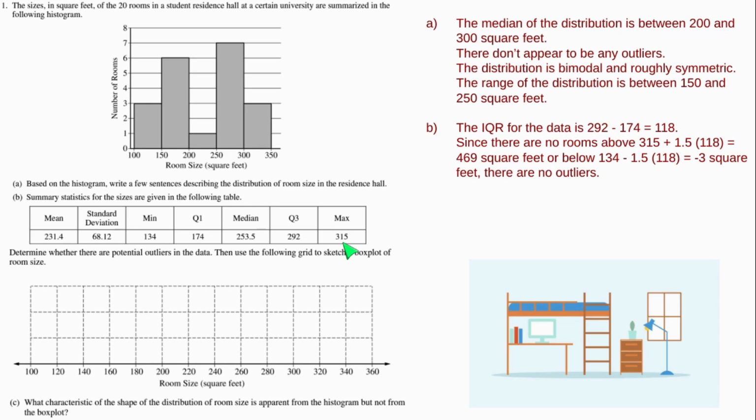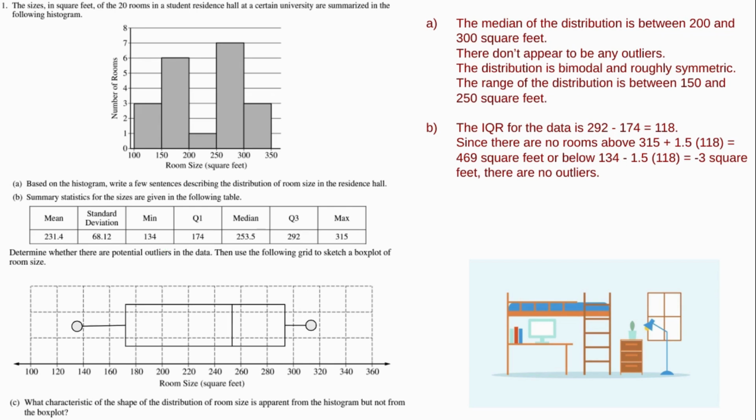There's no rooms above that in terms of square feet. There are also no rooms below 134, that's my lowest value, minus 1.5 IQRs, okay? Obviously, because we would have negative square footage, all right? So that's not going to happen. So there we go. There are no outliers.